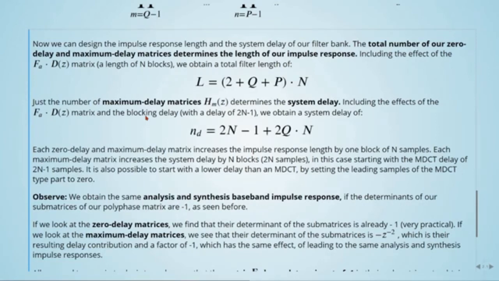The total number of our zero delay and maximum delay matrices determines the length of our impulse response, including the effect of the Fa times Z of Z matrix, a length of n blocks, and we obtain a total filter length L equals 2 plus Q plus P times N. And just the number of maximum delay matrices H of M determines the system delay, including the effects of the matrix multiplication Fa times d to the power of C, and the blocking delay with a delay of 2 times capital N minus 1, and we obtain a system delay ND equals 2 times N minus 1 plus 2 times Q times N.